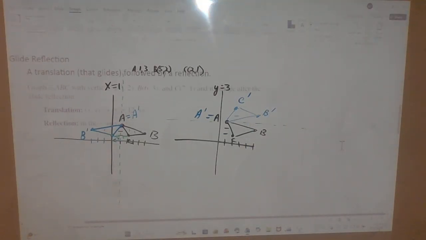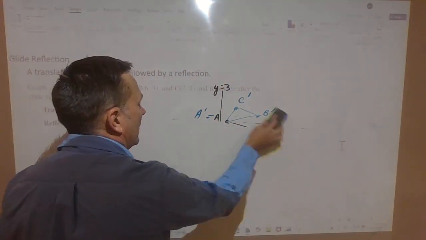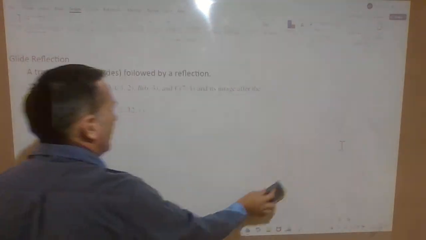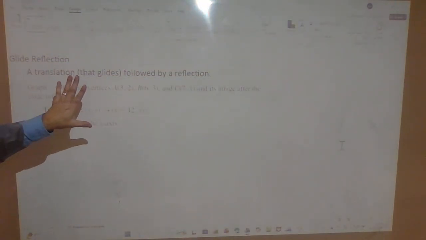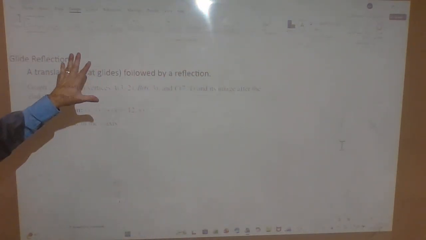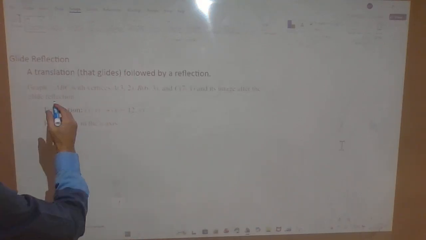Now, we can also do a combination of what we call a glide reflection. A glide is simply a translation where we're moving the object left and right and so forth, and then we're going to reflect it across a certain line.